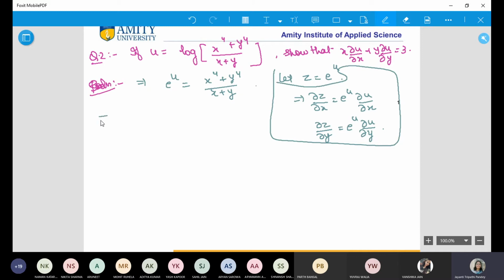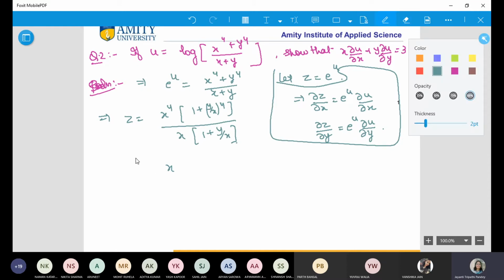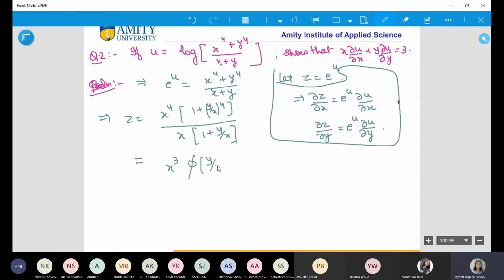So z is equal to, I'm taking out x to the power 4, this is (1 plus y by x) to the power 4 divided by x times (1 plus y by x). So this will give us x cube phi of y by x, homogeneous of degree 3.